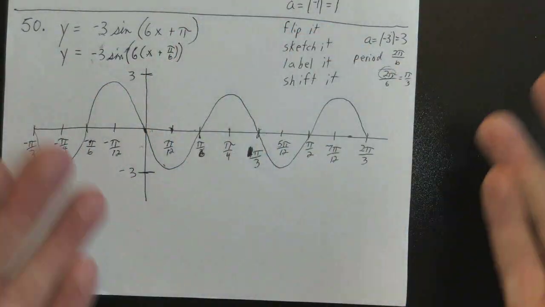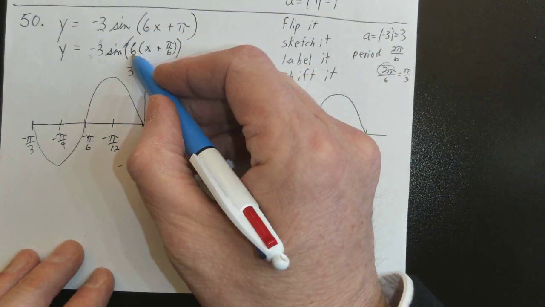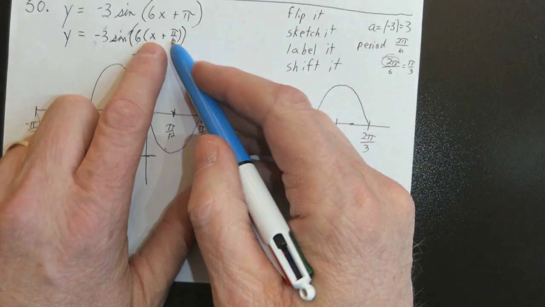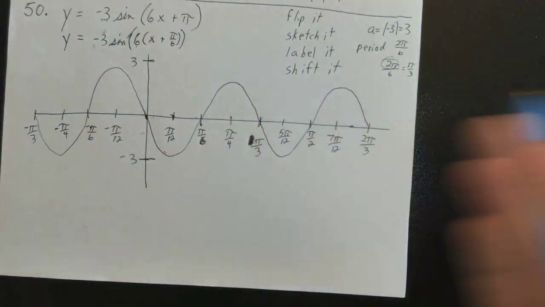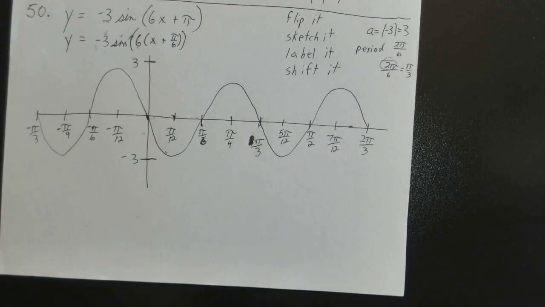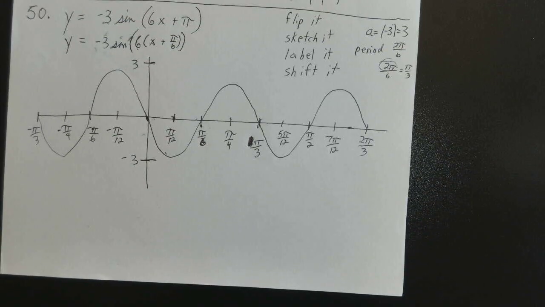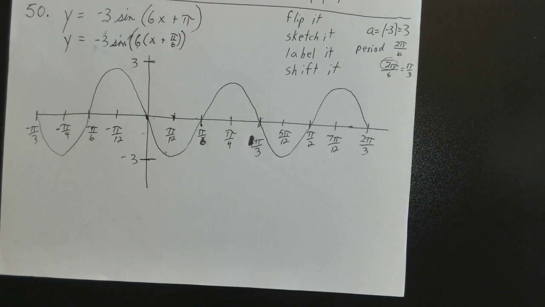So I factor out that b value here. Now, do you remember if I have x plus pi over 6, when I was with the x with other transformations that we did, do you remember what that means we would do? We would move it left pi over 6.